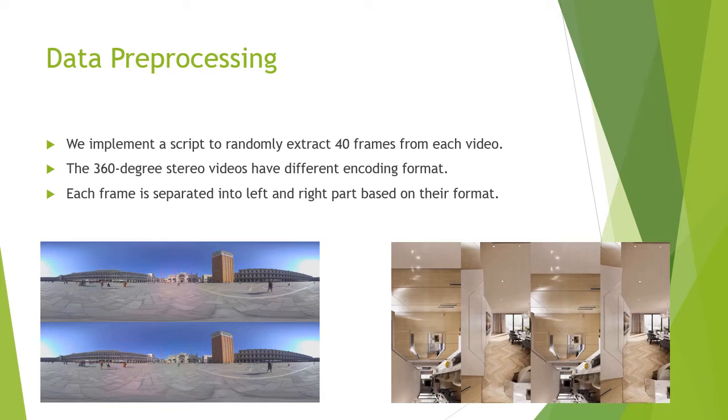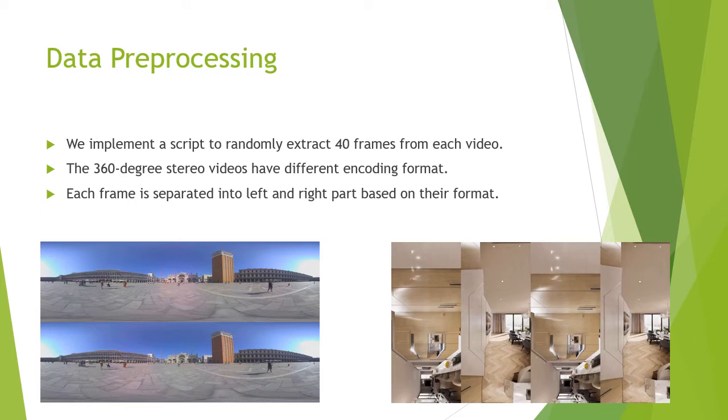So basically, the script we wrote needs to check which format the video is using. If it's using the format on the left side, then it will cut each frame in half horizontally, and the upper half will be used as the data for the left image, and the lower half will be used as the data for the right side image.